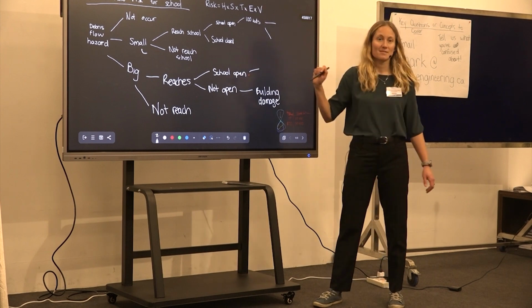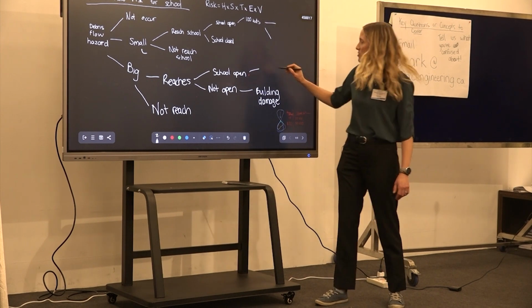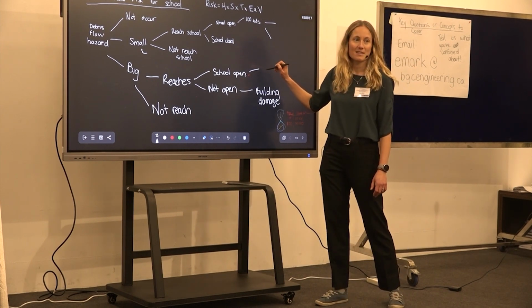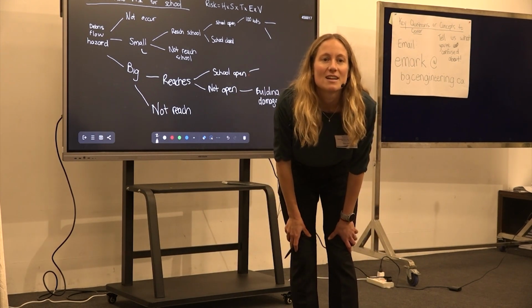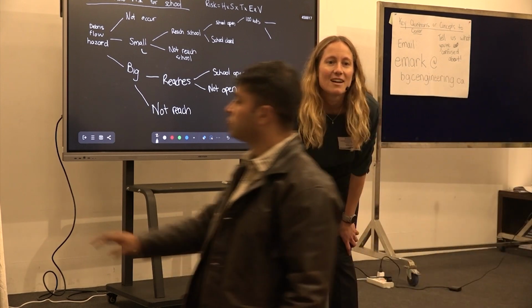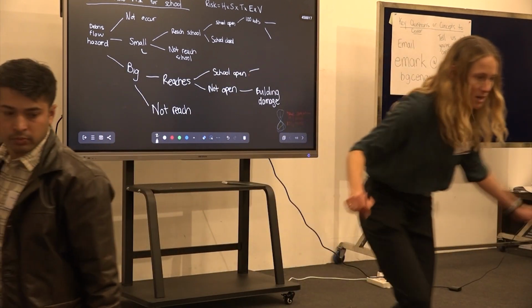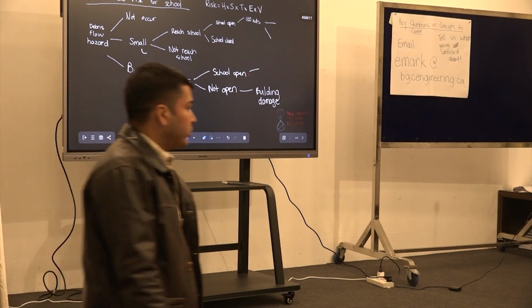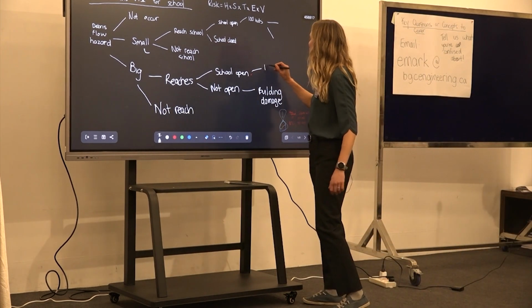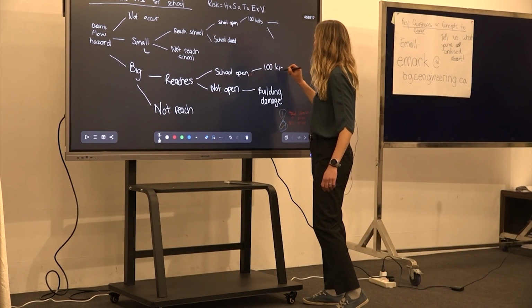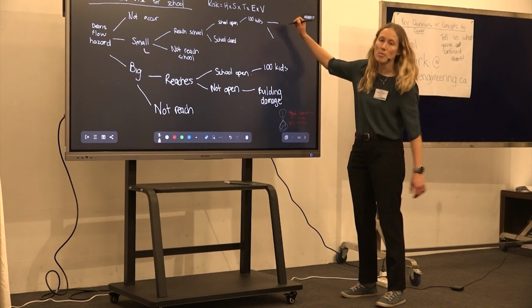How many students? Yeah, 100 kids. X1. Oh, infrastructure. Yeah, okay, cool. We're going to stick with the kids. And then I realized that this one I could describe better.